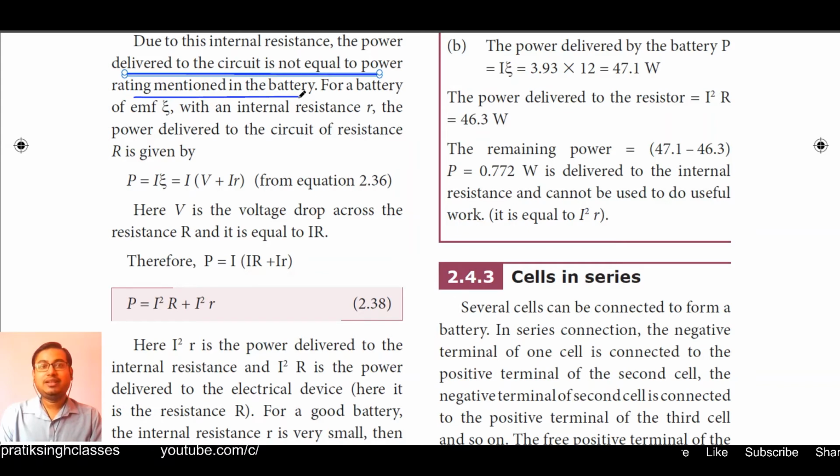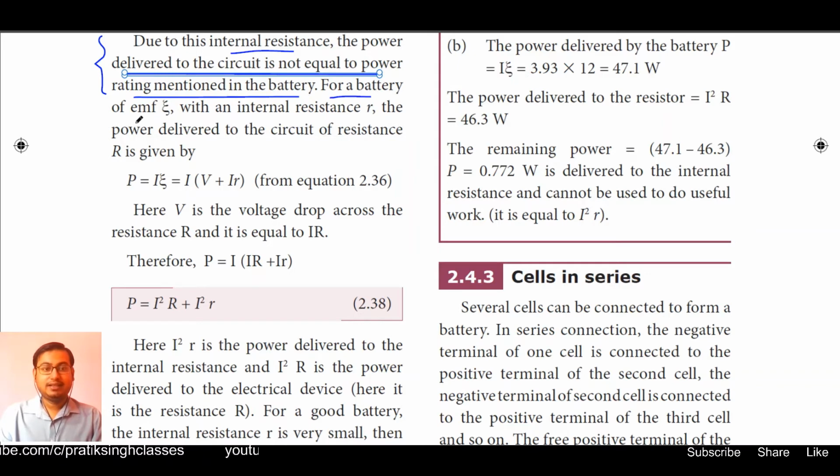But when it was connected to an external resistance as in figure 2.20b, we saw that a voltage drop happens, or the total rating of the battery is insufficient. Due to this internal resistance, the power rating of the battery is something else, and that is not equal to the power mentioned on the battery.